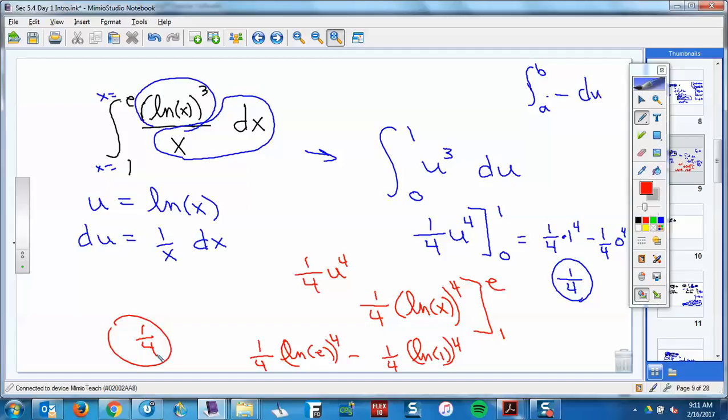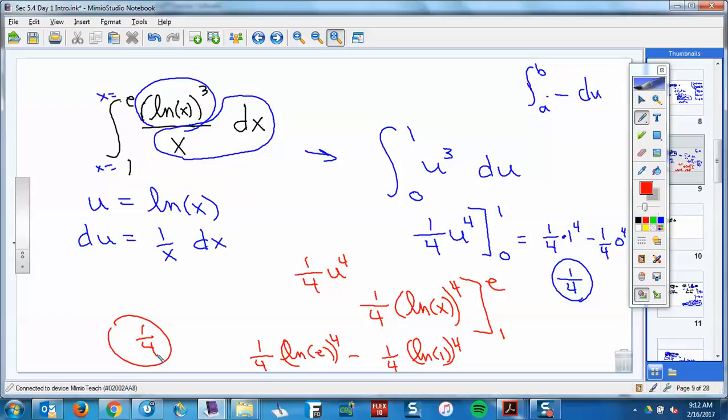So I don't care if you do the blue or the red, it doesn't matter to me. If this is the gateway test and you want to change these into new numbers, remember, it comes from here. So these are x numbers. You plug them into here, that gives you your u numbers. Then you can just do your antiderivative, do your right bracket, just do it. Or you can do what you're used to doing, which is go back to x's.